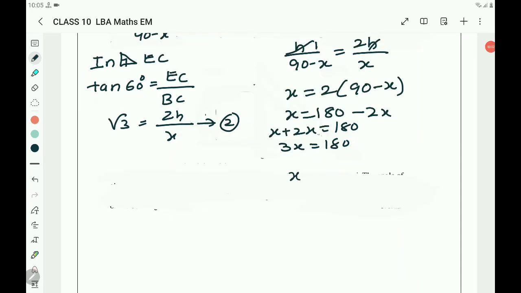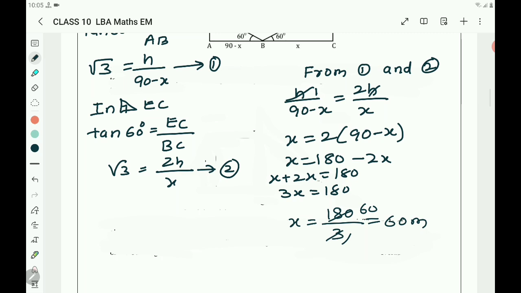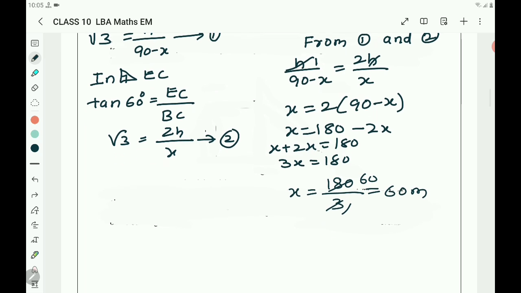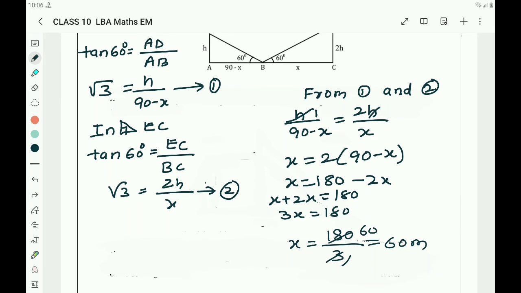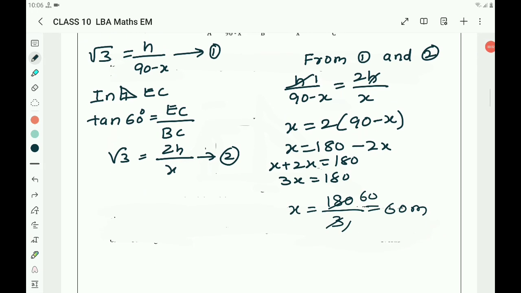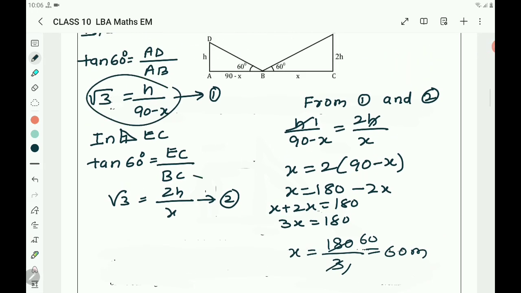Therefore x equals 180 by 3, which is 60. So you got x equals 60 meters. Then the other one, 90 minus x, is how much? 90 minus x equals 90 minus 60, which equals 30 meters. Next we have to find out h. You take any one of the relations, this one or this one. Let us take the second one because 2h by x is there.